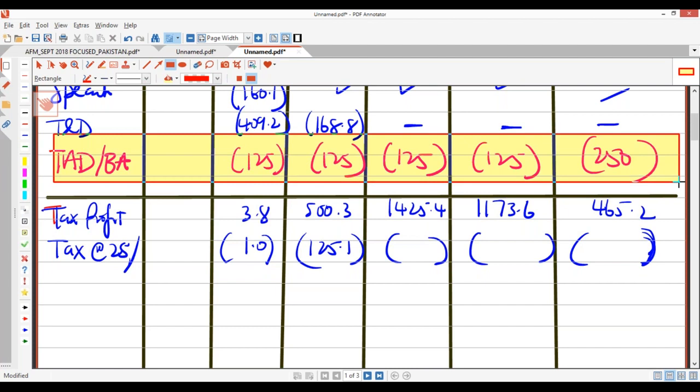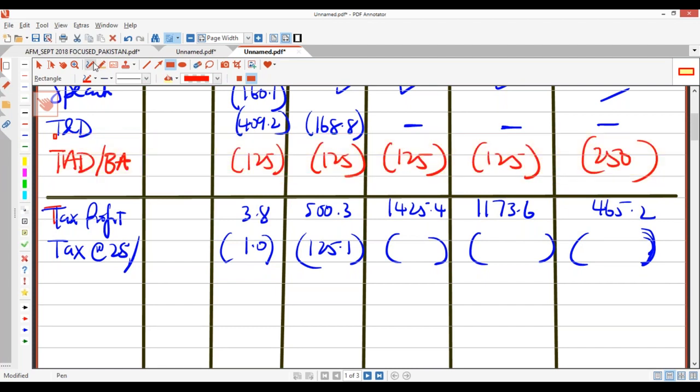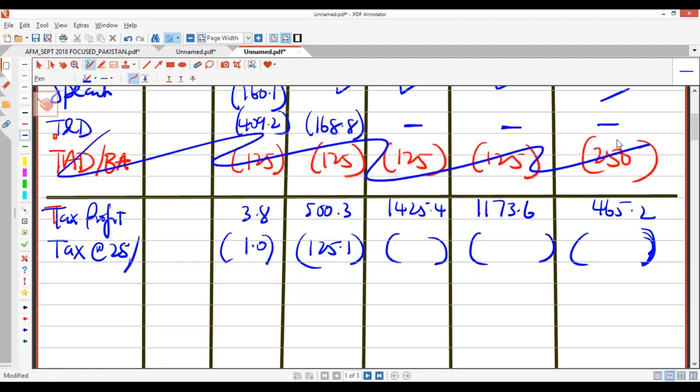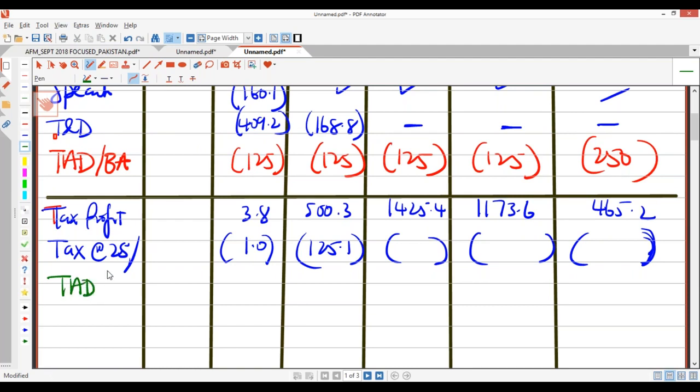But then I realized this is a mistake. So what do you do? Well, you can always do like this and continue your life. That's not nice to see. So what you do is you ask for forgiveness. How do you ask for forgiveness? You just add back the TAD and BA. So you make a mistake, you ask for forgiveness. And that's it. As though you did not bring the TAD at all in the cash flow presentation.